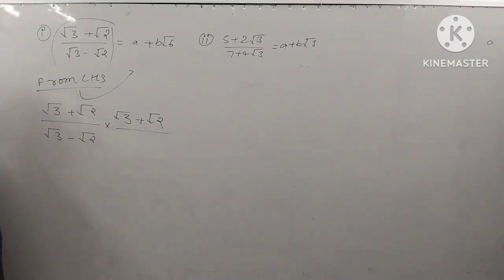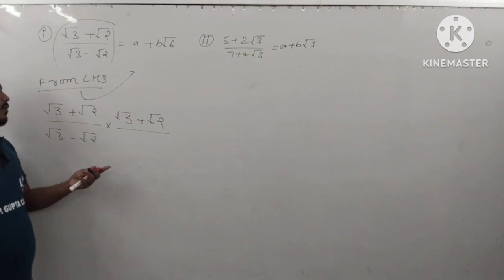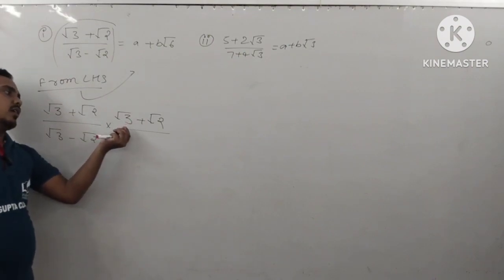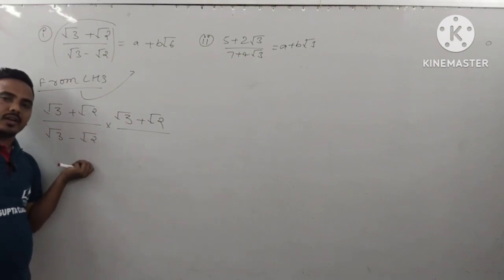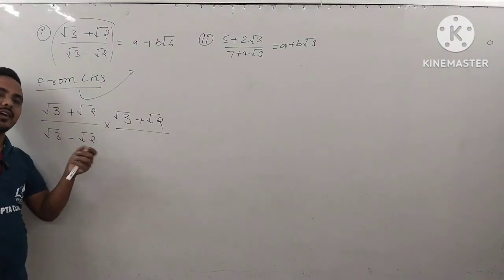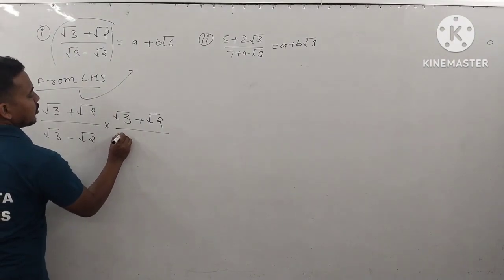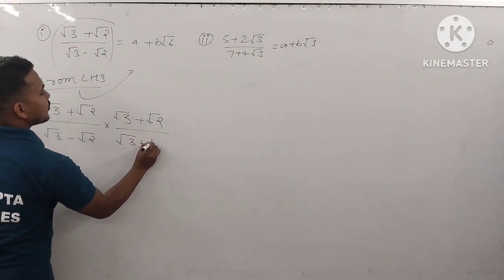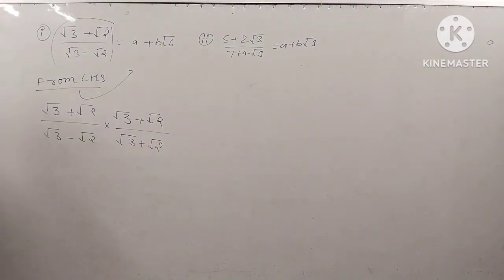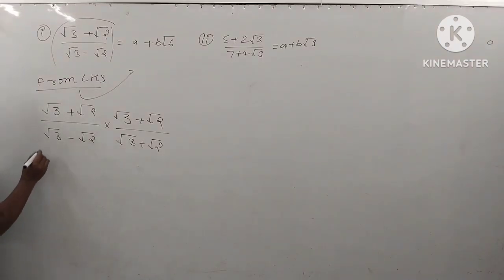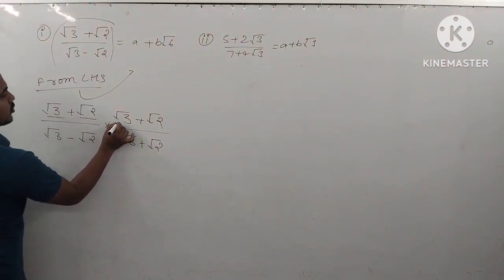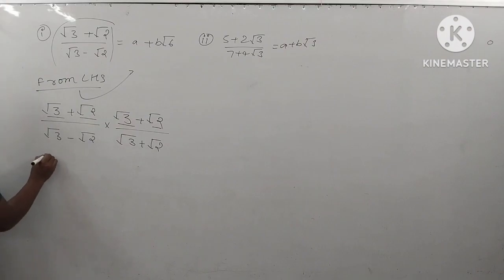We multiply by the rationalizing factor in both numerator and denominator, so it is root 3 plus root 2.